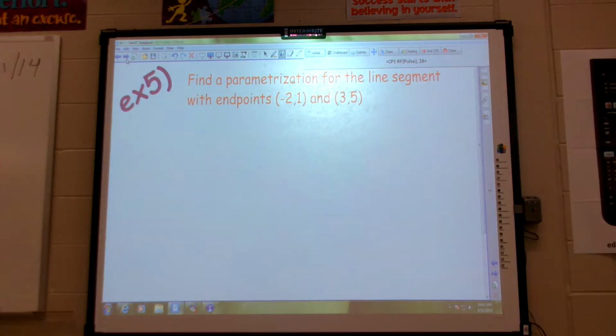I want to find a parameterization. Big word. For the line segment with endpoints -2, 1 and 3, 5.